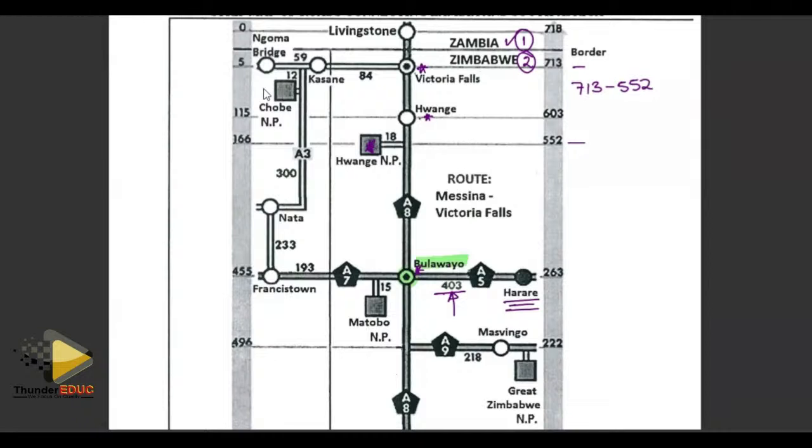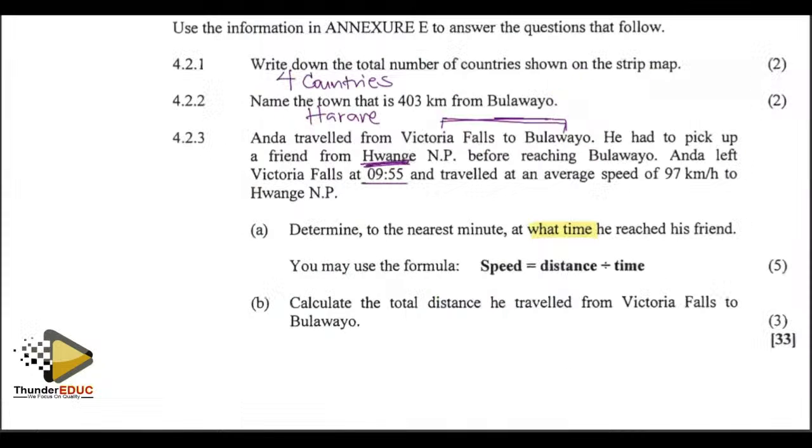So he has traveled, but then he goes to the national park. Now the national park, when he picks a person from the national park, let's see, he traveled from Victoria Falls to Bulawayo. He had to pick up a friend from Hwange National Park before reaching Bulawayo.